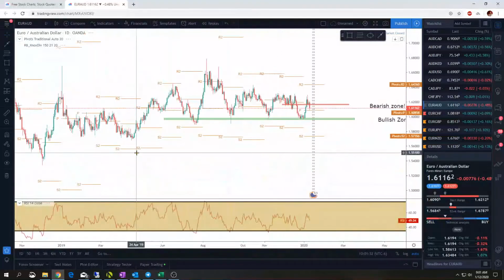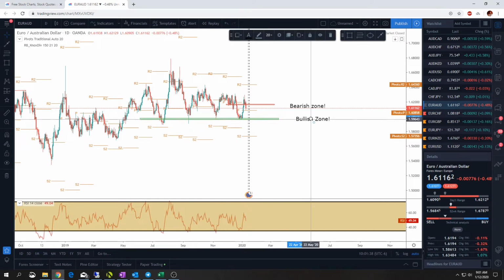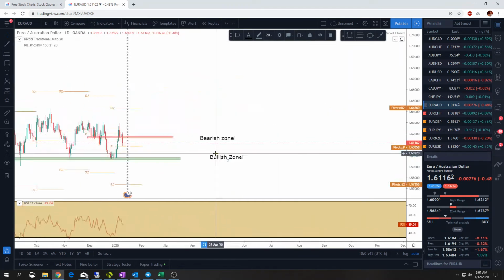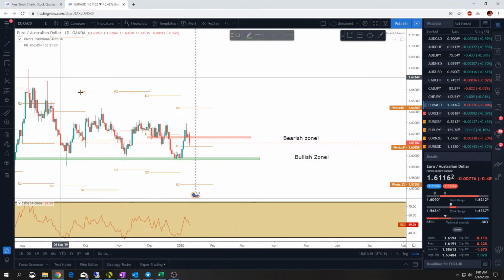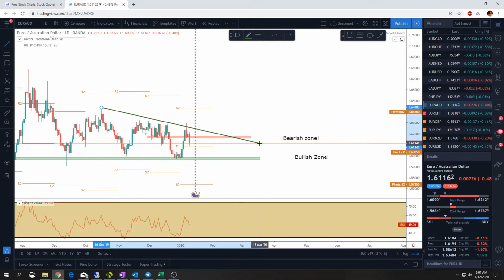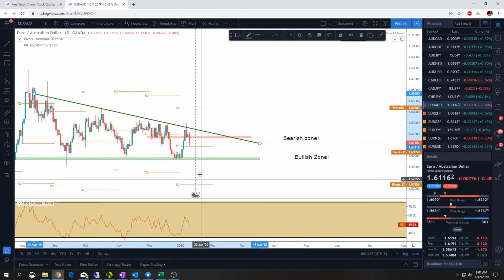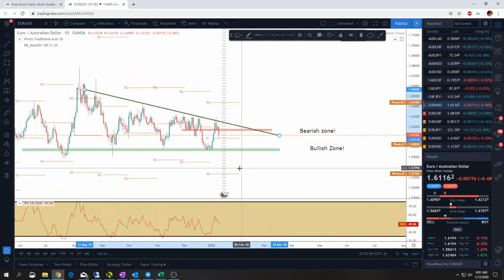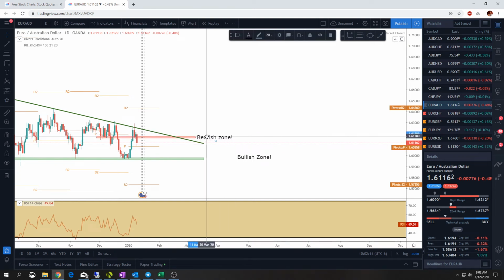Euro AUD. All right, so we have a very strong support that we've identified, and price is reluctant to break this trend line. Yeah, you can start to see we're getting a tight wedge going on here. But price almost touched a pivot last week, just shut down and it's come back up. So that doesn't mean I'm necessarily bullish there.